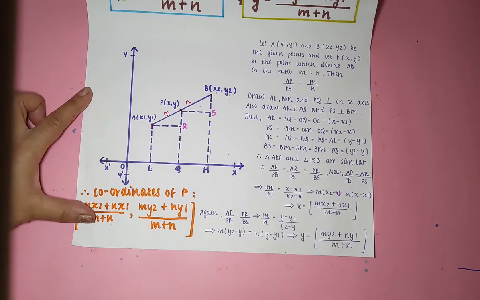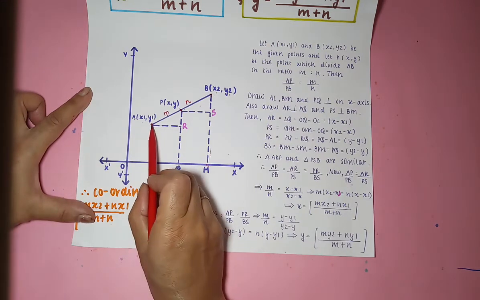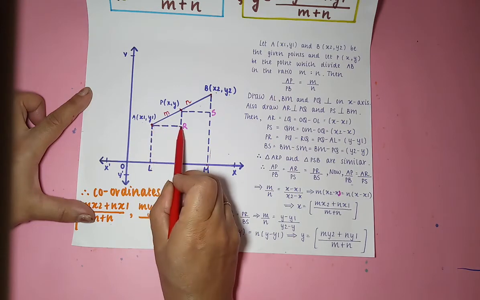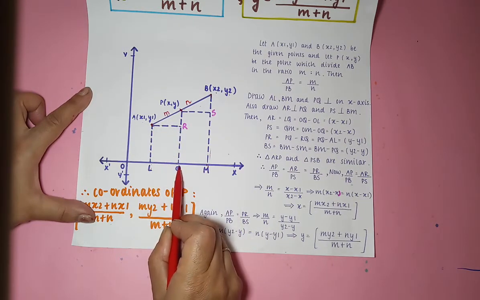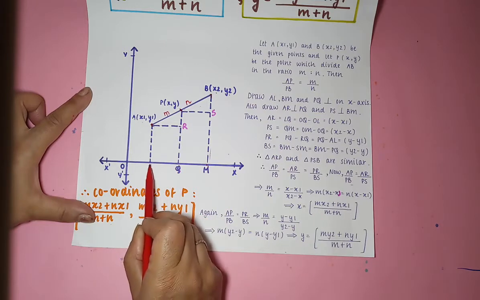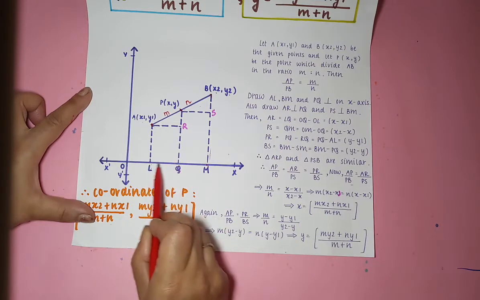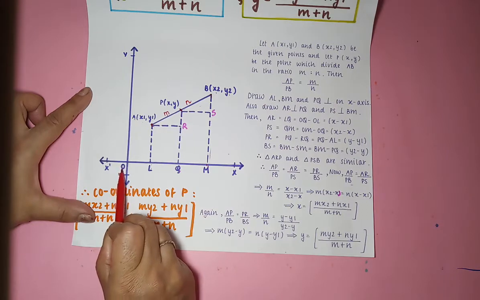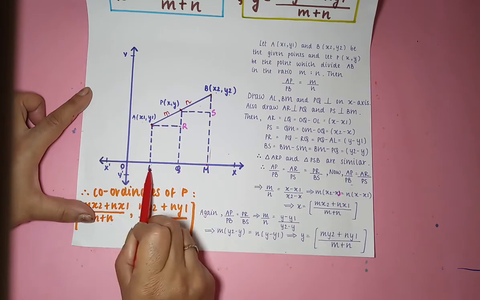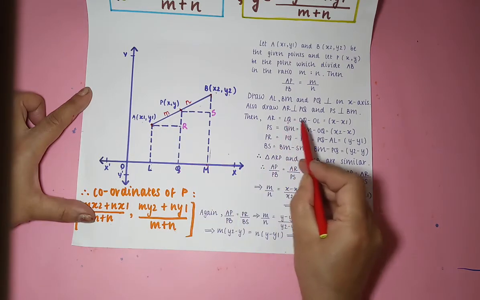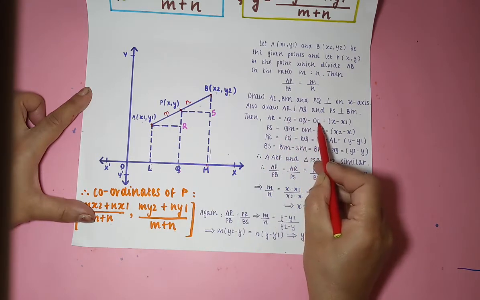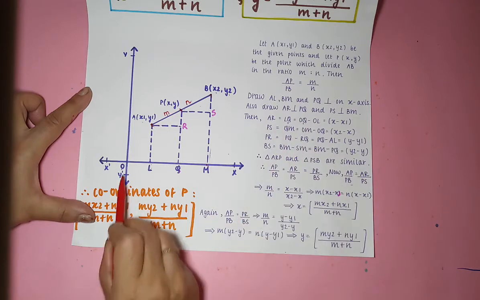Now, let me calculate the distance AR. AR distance you can clearly see is equal to distance LQ. Isn't this LQ distance equal to OQ minus OL? Now, let's check what is this OQ.